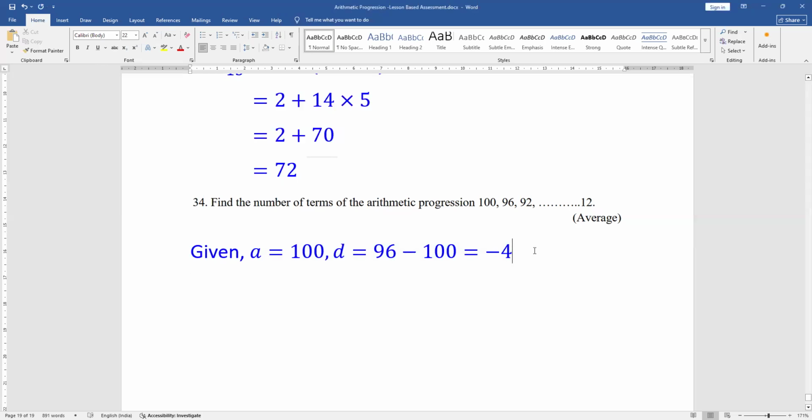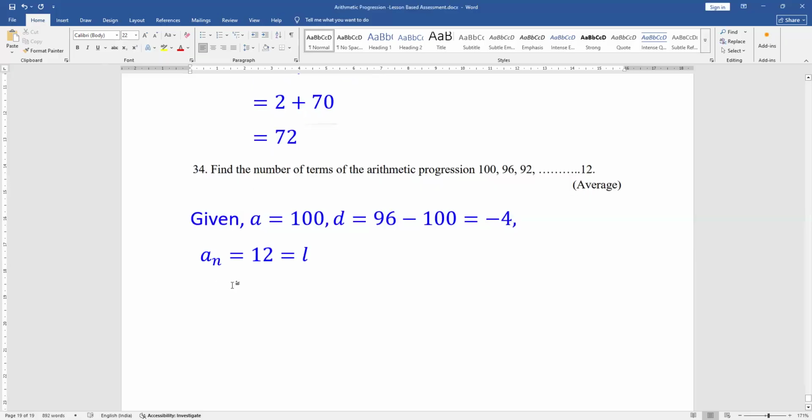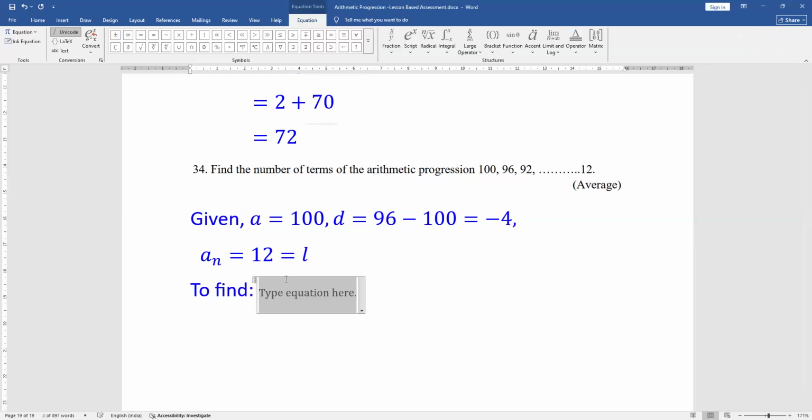I write that also: an equals 12, which is nothing but the last term. Then what do we need to find out? The number of terms. Number of terms means to find n.